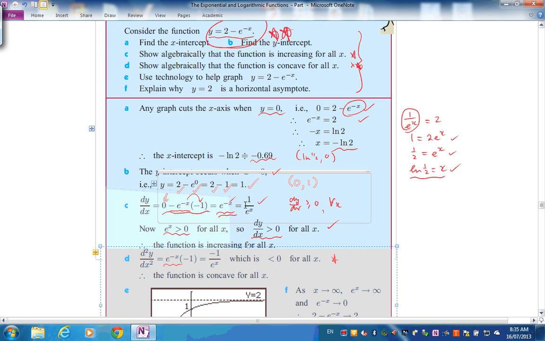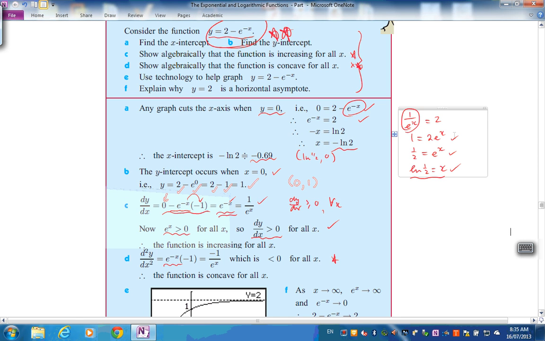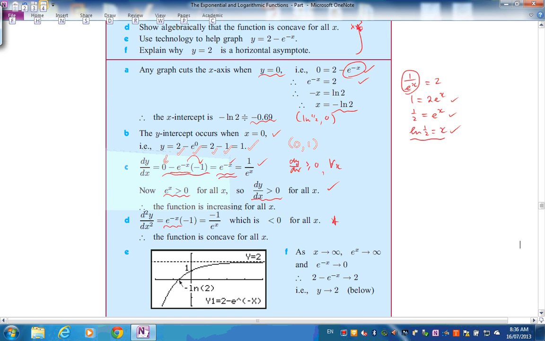So that means it is... okay, so coming back to that, let's have a look in here.